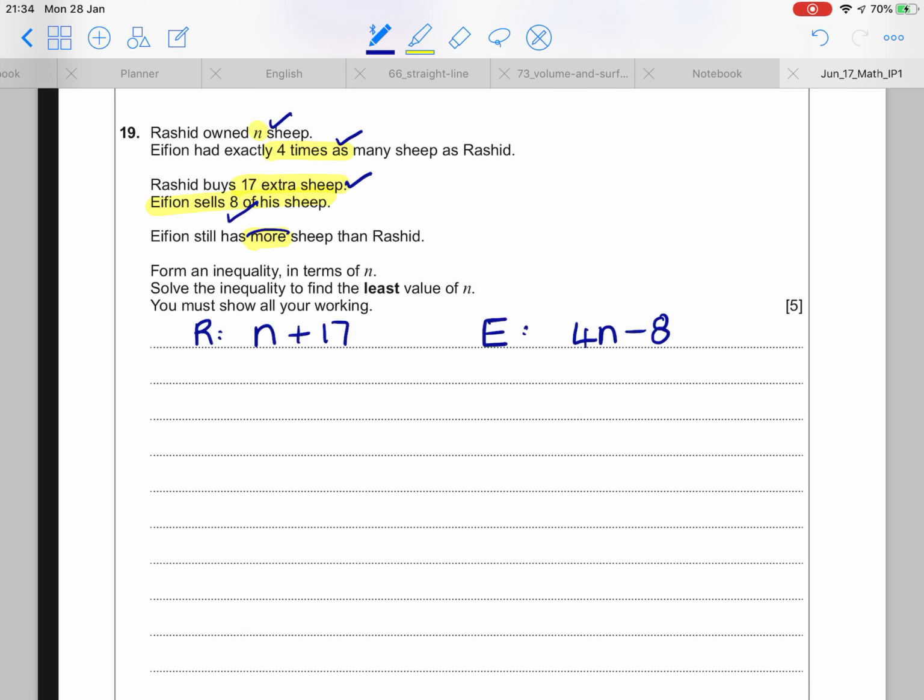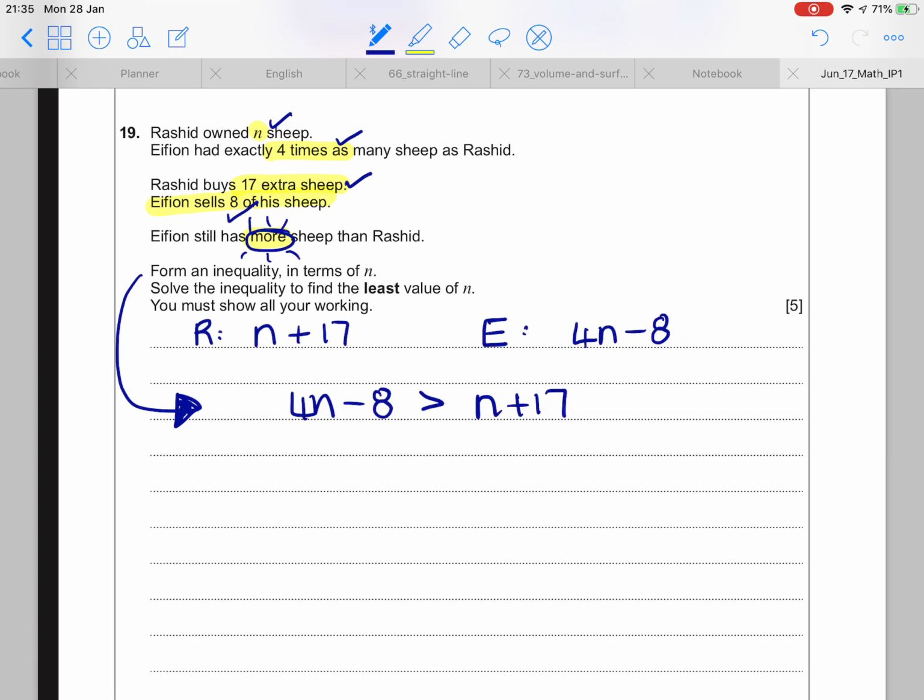We're told that Ivion has more sheep. 4n minus 8 is more than Rashid's. And here is my inequality that they wanted me to form. The more than being the key word to make it an inequality.